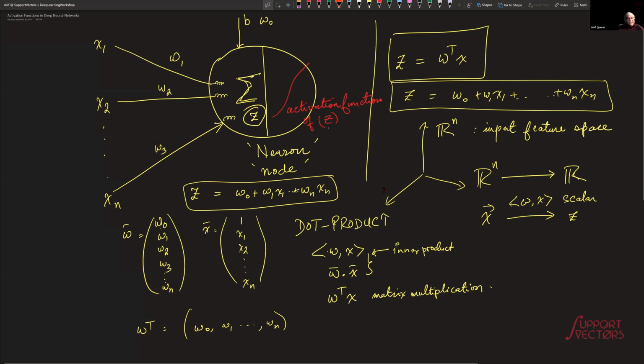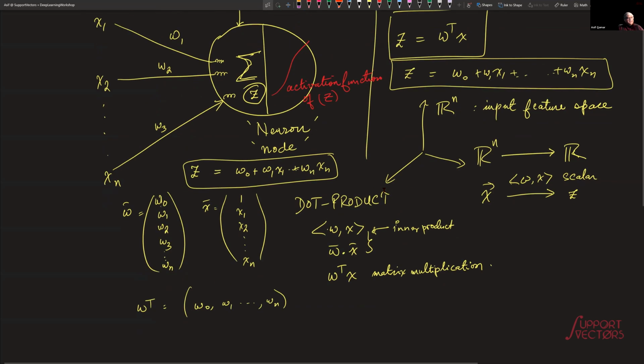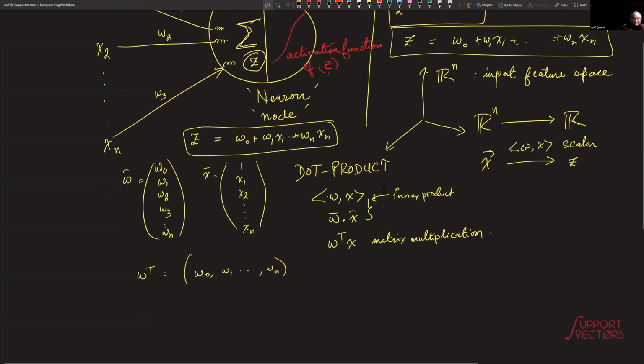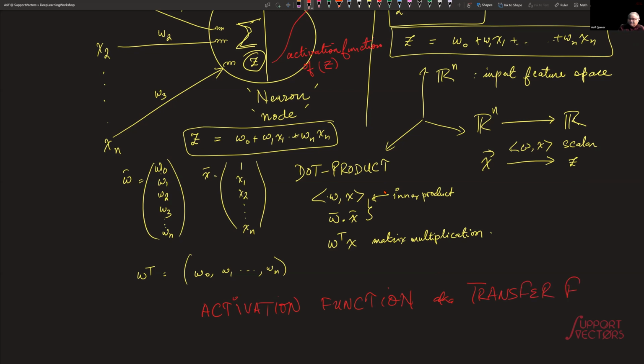So I will mention those things right now. Activation function, transfer function.